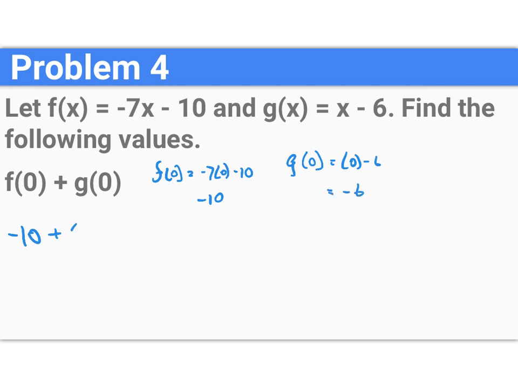That way I never make a sign mistake. I may forget to put them in from time to time, but when you evaluate, and evaluate means to substitute a number in for your variable, please put your substitution in parentheses. That will keep your signs straight.